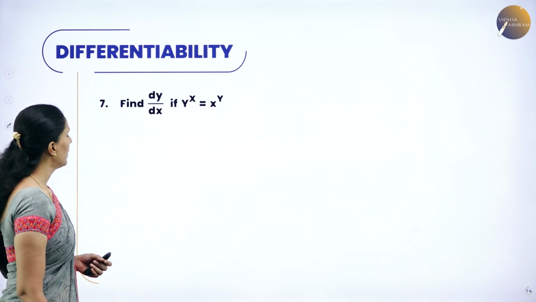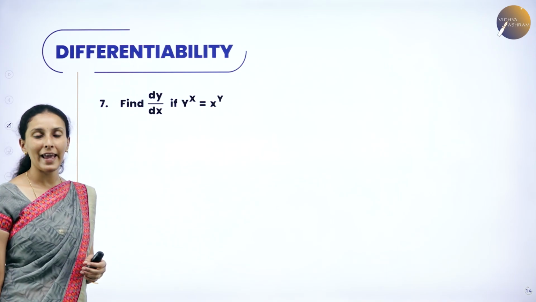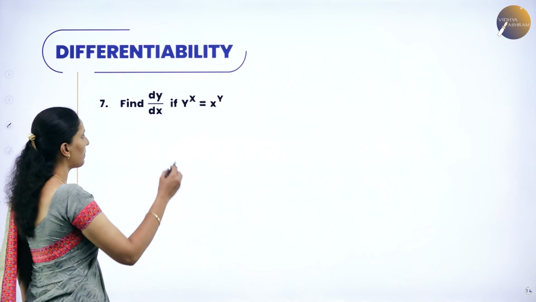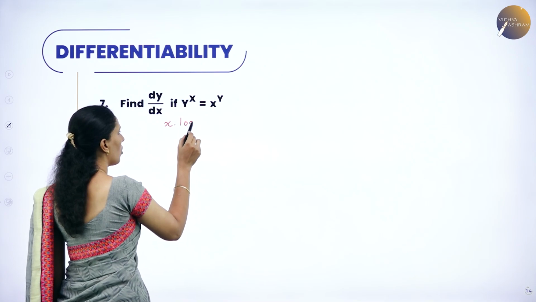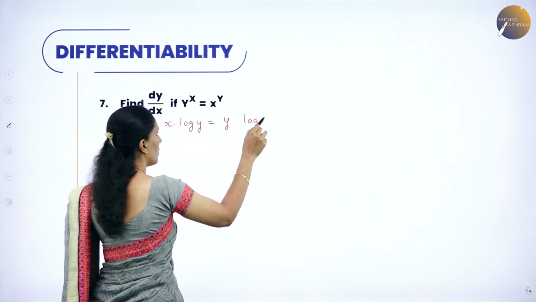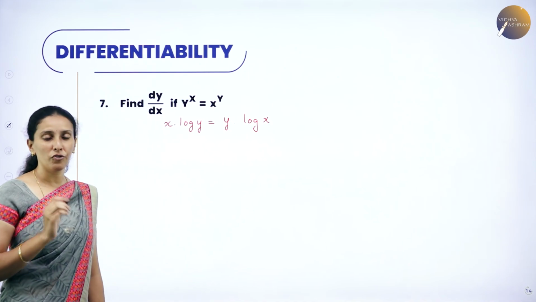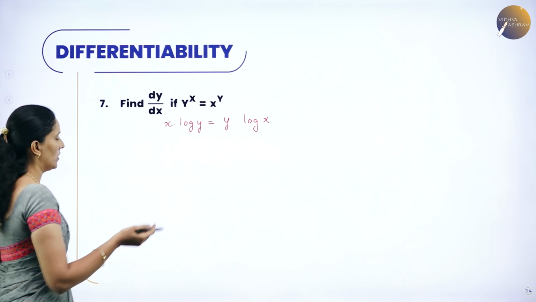Next we have find dy by dx if y power x is equal to x power y. Clearly, let us apply log on both sides. Then this becomes x into log y, y into log x. So both sides we have two functions, so apply the product rule on both sides.